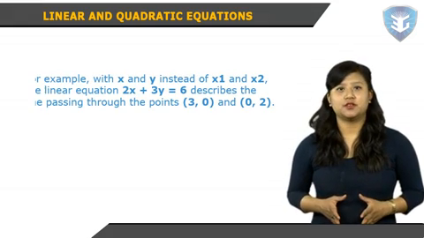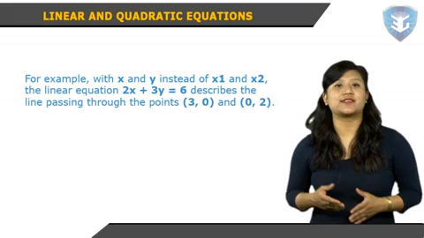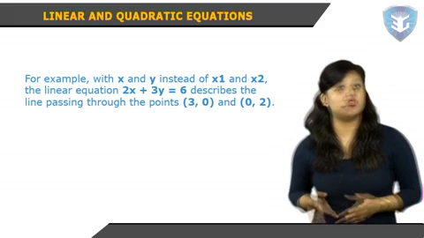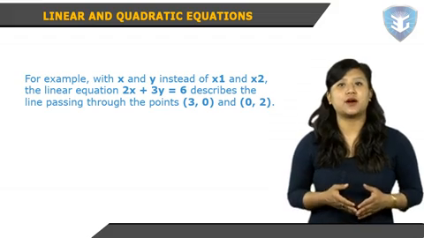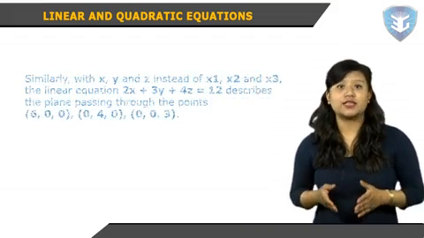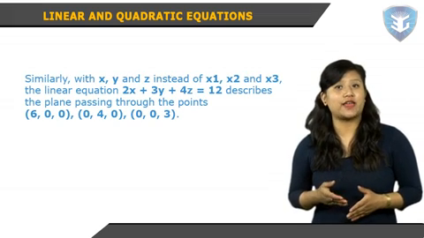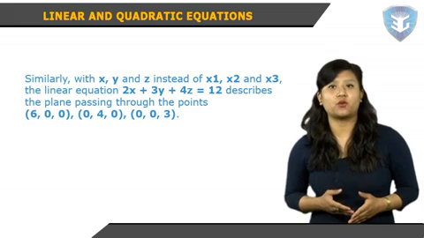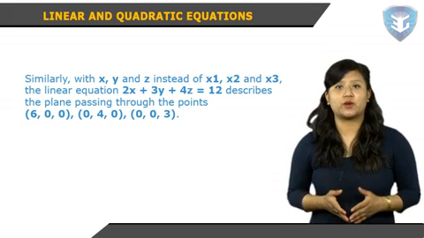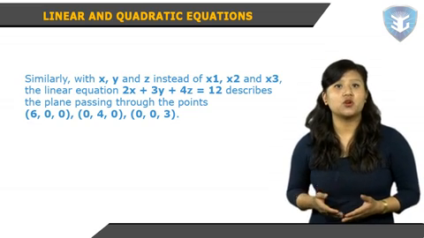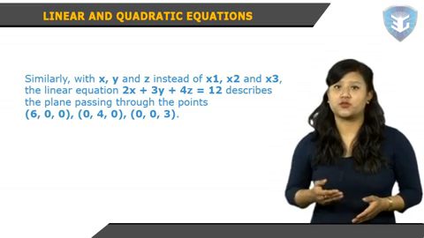For example, with x and y instead of x1 and x2, the linear equation 2x plus 3y equals 6 describes the line passing through the points (3, 0) and (0, 2). Similarly, with x, y and z instead of x1, x2 and x3, the linear equation 2x plus 3y plus 4z equals 12 describes the plane passing through the points (6, 0, 0), (0, 4, 0), (0, 0, 3).